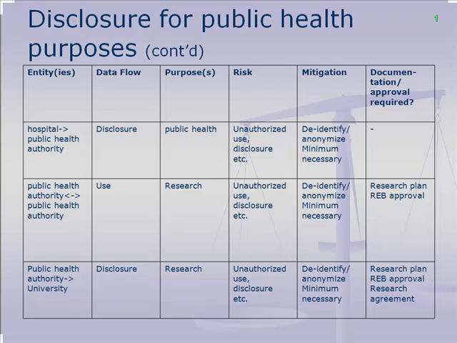It may not be possible, but your mind should be turned to that. Within the Public Health Authority, the use for research purposes again requires REB approval and a research plan. And then the final leg of the data flow, from the Public Health Authority to the university itself, requires the plan, the research agreement, and REB approval from either the university or the Public Health Authority.